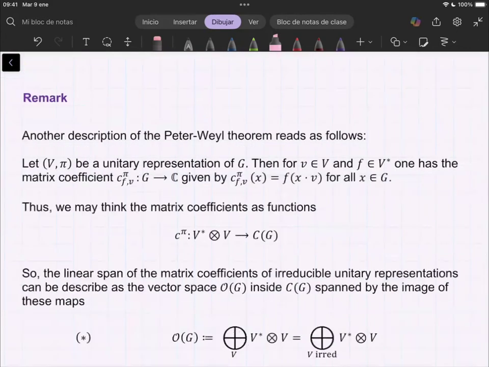So we check the span of matrix coefficients. What is a matrix coefficient? As I showed you before, we take a vector in the space V and a function in the dual, and with these two things we define a continuous function.